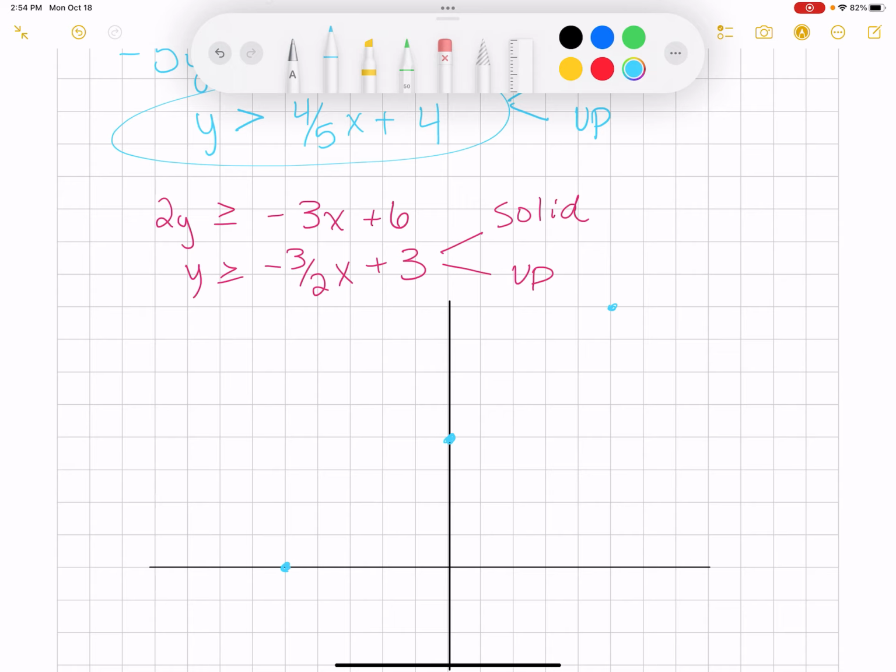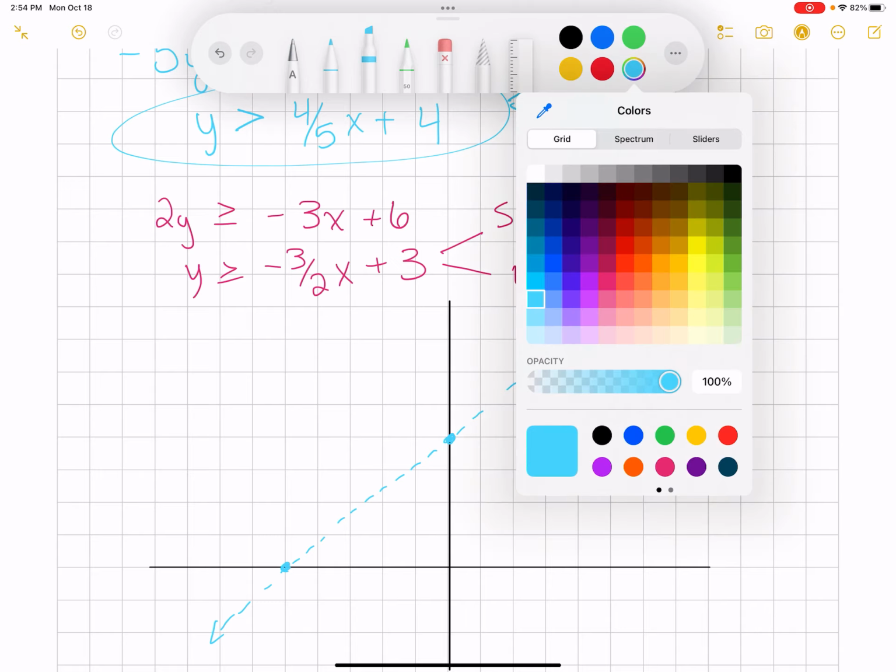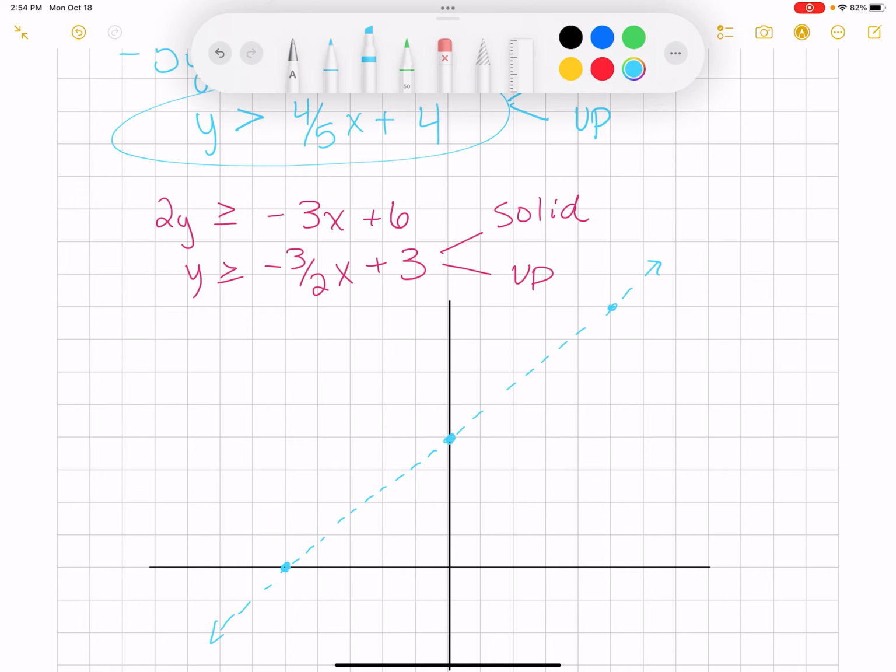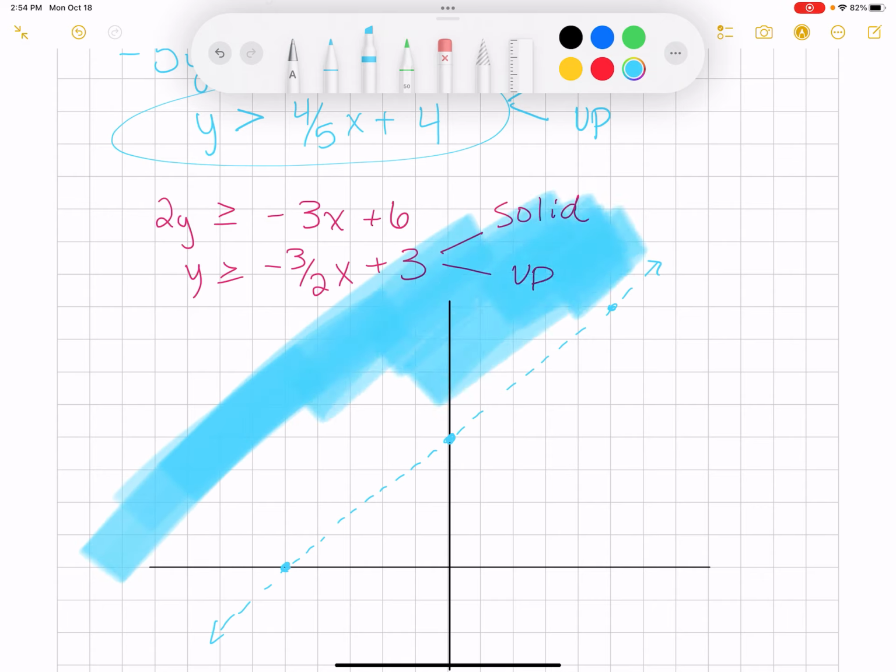And remember, this one is dotted. We said this one we shade up. So this one's getting shaded all up in here.